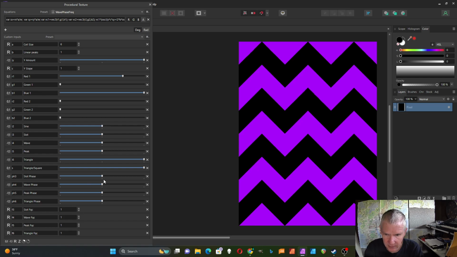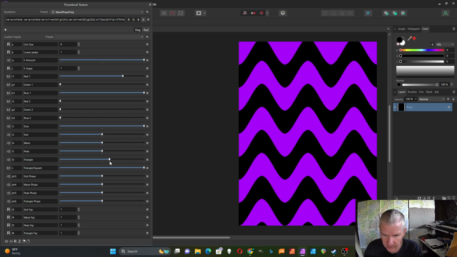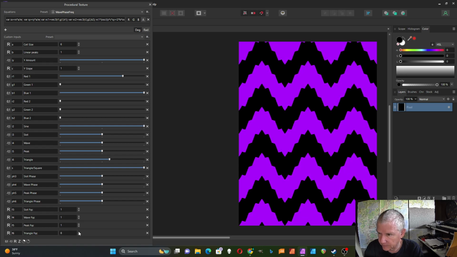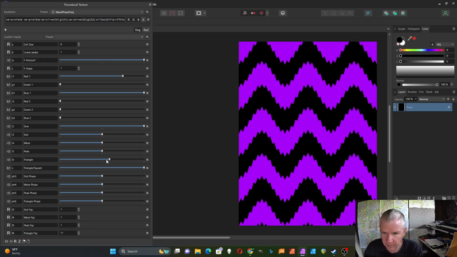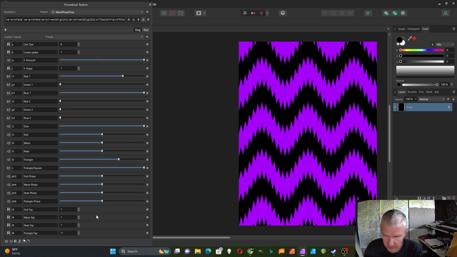And then I can also control the frequency. So let's say I have a sine like this. I'm going to put my triangle down to like that, and then I'll bring up the triangle frequency like that. Or I could make it spikier like this. So I can control the relative phase, relative frequency of the different waveforms.